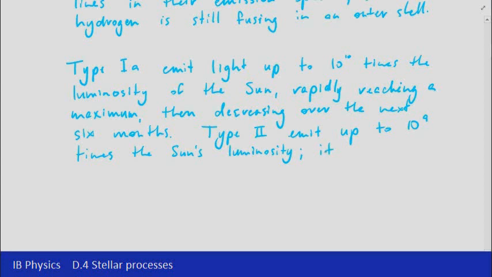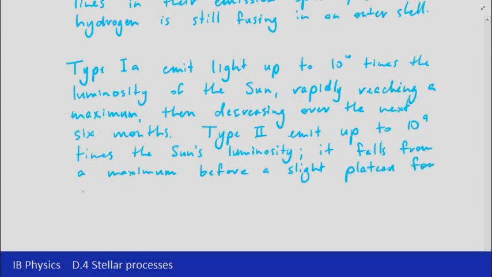It usually falls from a maximum, and there's a little bit of a plateau. So for a few days the intensity will sort of even off or flatten out for a bit, and then will decrease after that. And it will tend to decrease a bit more rapidly.